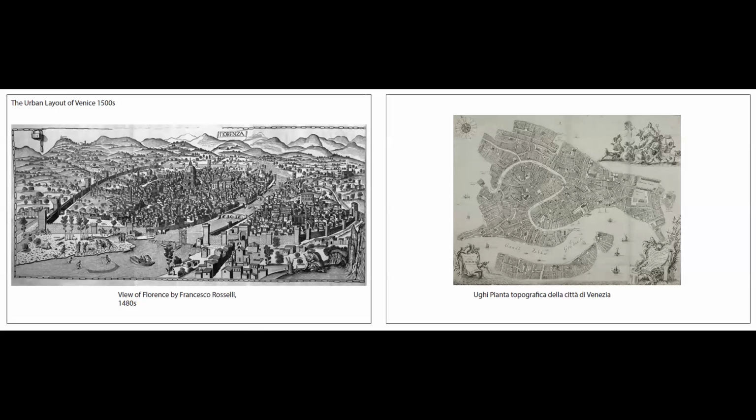In the View of Florence by Francesco Rosselli, in the 15th century, he was presenting some sort of perspective that shows the buildings and the geographical, topographical statements. And one of the famous Venetian drawings combined the topographical and artistic sense of Venice itself.